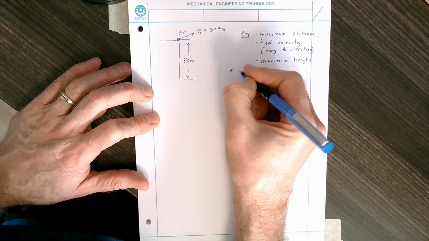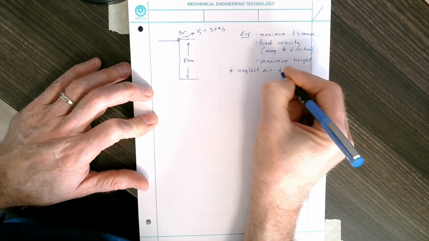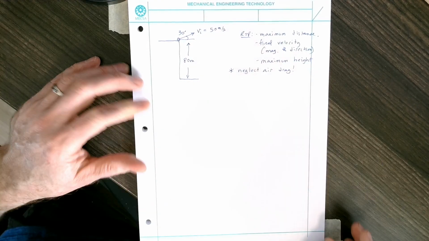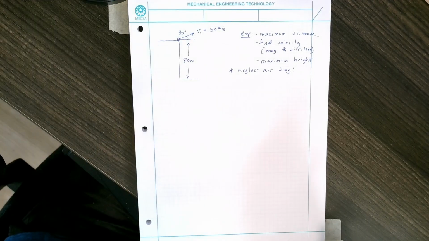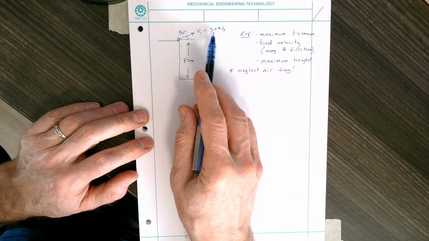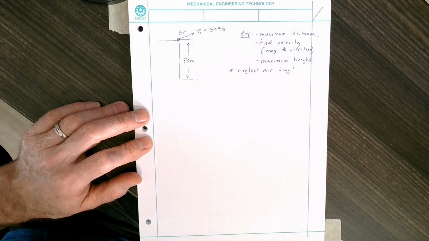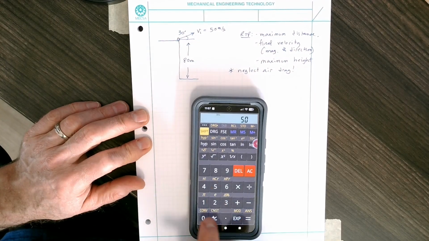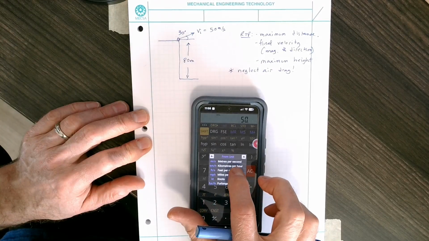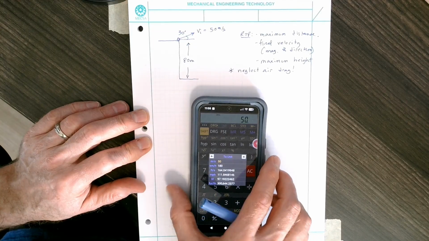Let's make a caveat here. Neglect air drag. We don't do any of that in a typical dynamics course at this level. It's fine to neglect air drag if this is only 5 meters per second. That would be valid. Here, the effects would be pronounced. 50 meters per second, what is that in kilometers per hour? 111 miles per hour, 180 kilometers per hour.